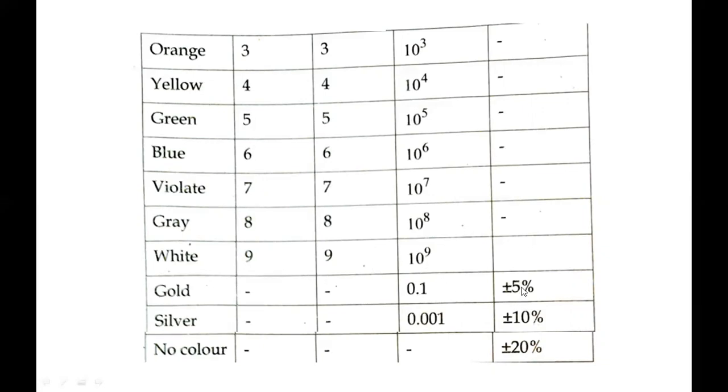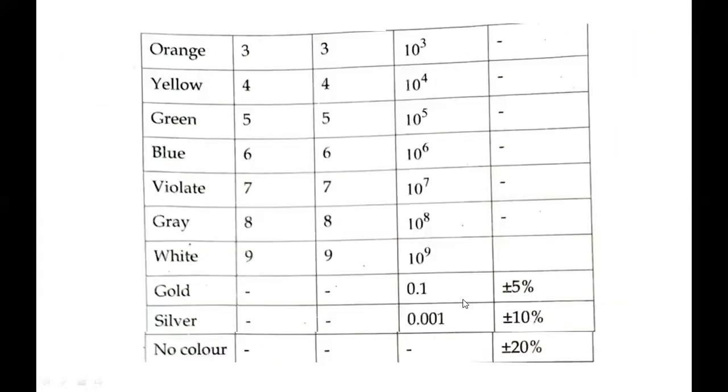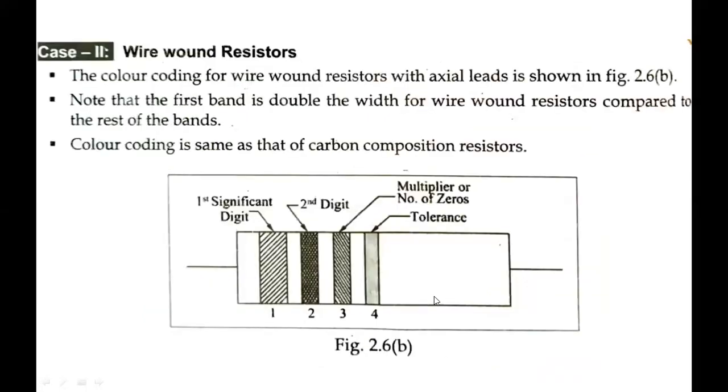And similarly, this is the percentage of tolerance: gold plus or minus 5%, silver plus or minus 10%, no color means plus or minus 20%. These are the multipliers. Black is 1, brown 10 to the power of 1, red 10 to the power of 2, orange 10 to the power of 3, yellow 10 power 4, green 10 power 5, blue 10 power 6, violet 10 power 7, gray 10 power 8, white 10 power 9, gold 0.1, silver 0.01.